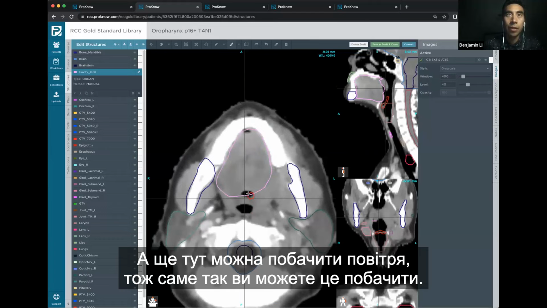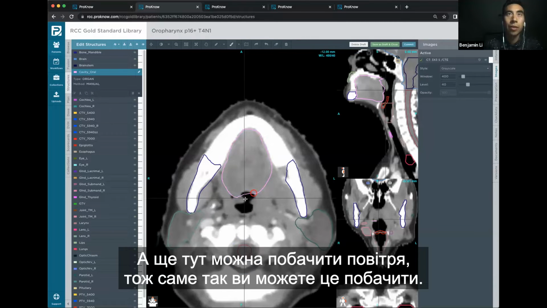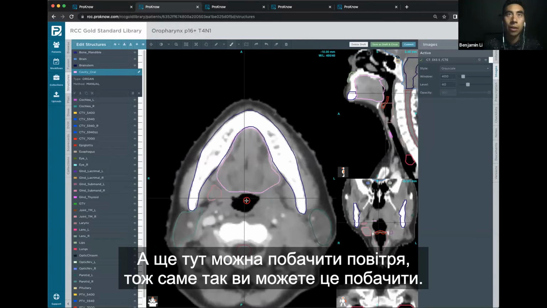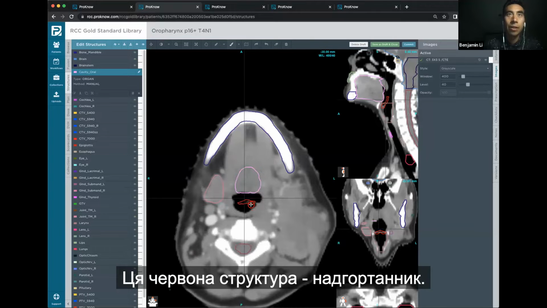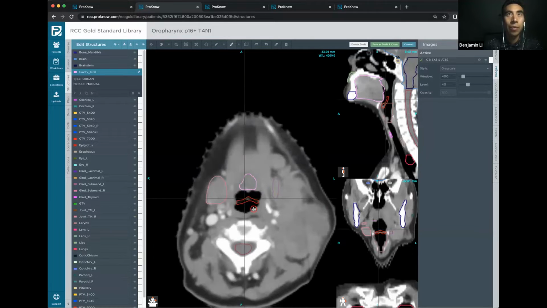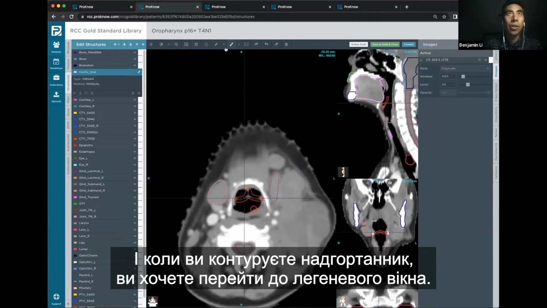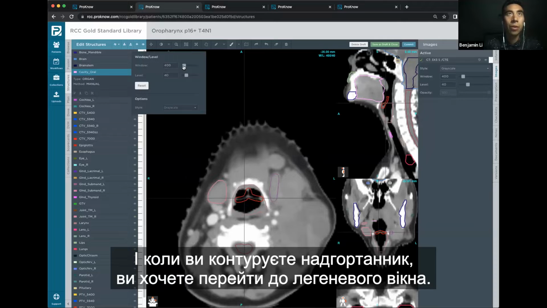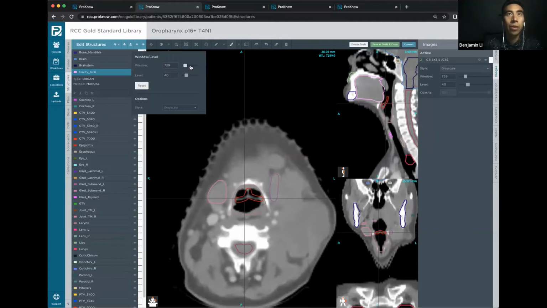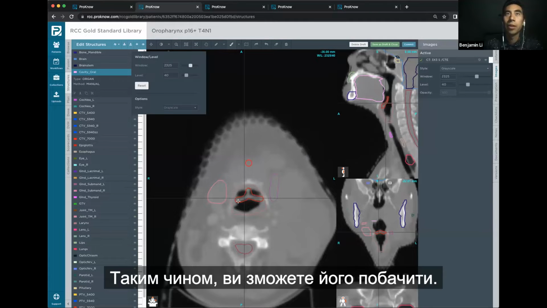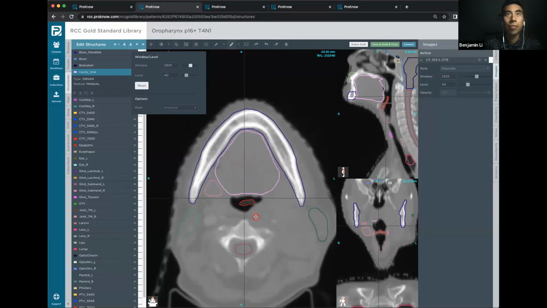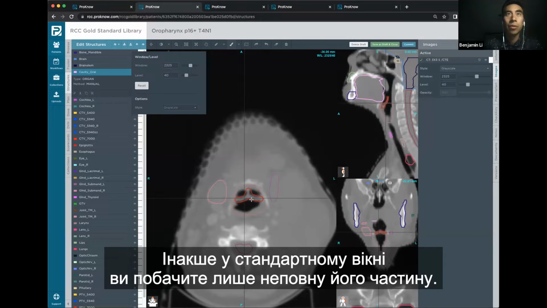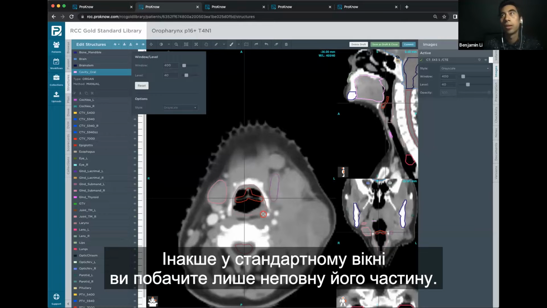And then here you can also see air, so that's how you can see that. This red structure is the epiglottis, and when you're contouring the epiglottis, you want to go to lung window. That way you can actually see it. Otherwise, you'll only see an incomplete part of it on the standard window.